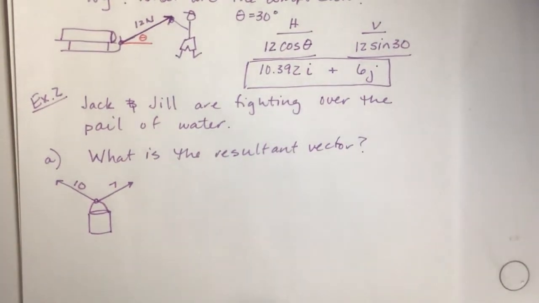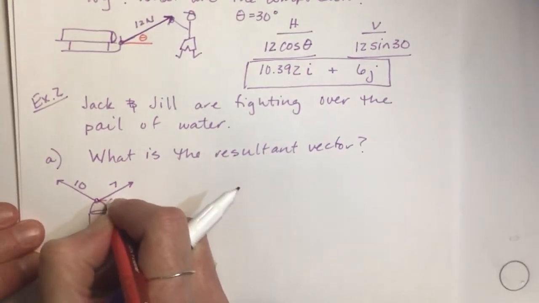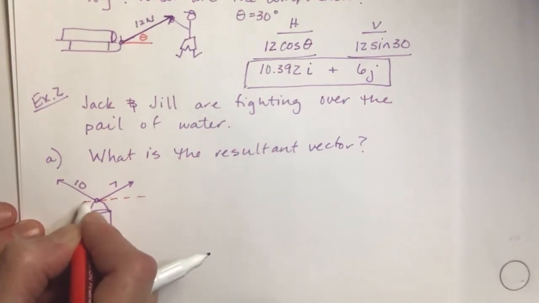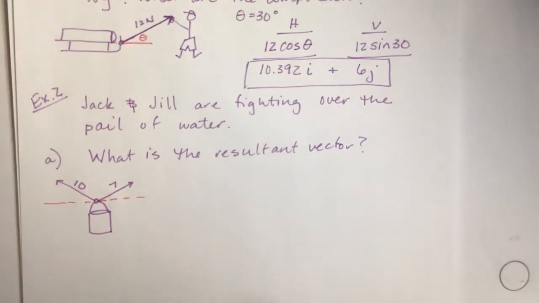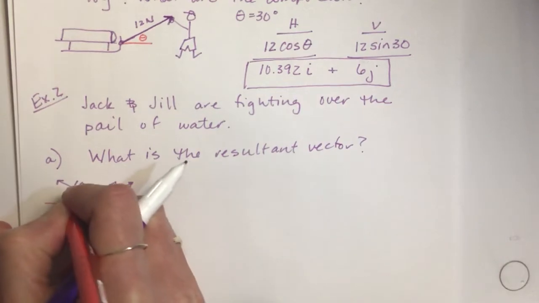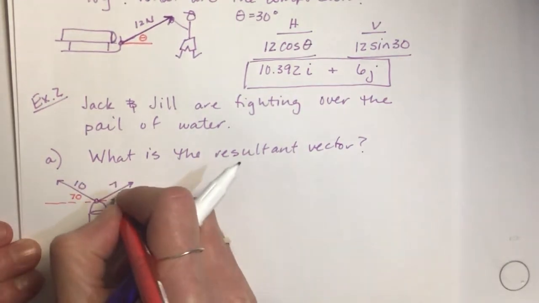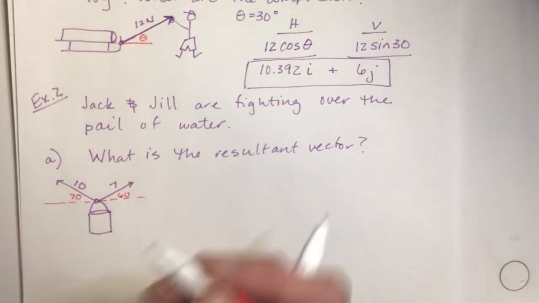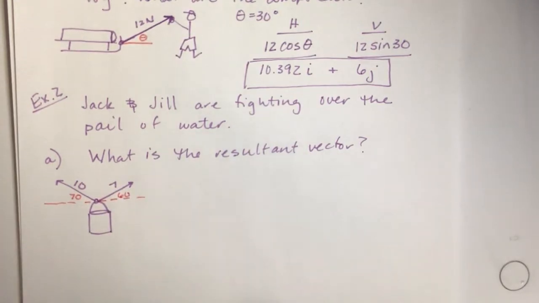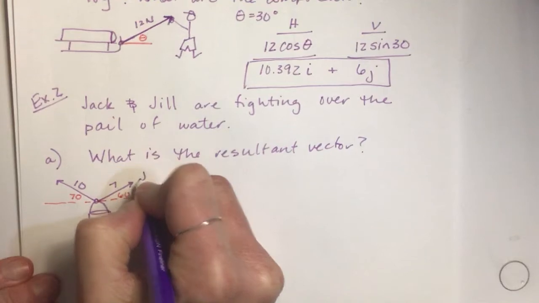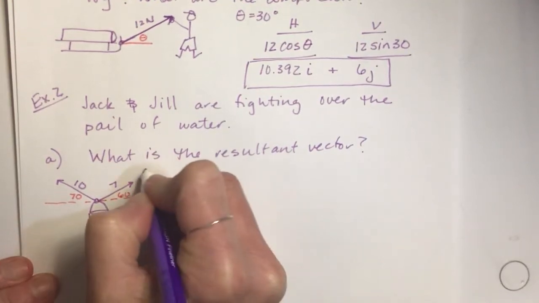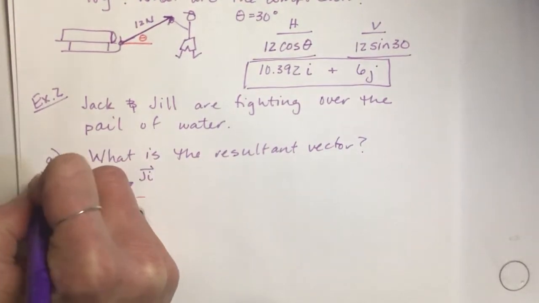They also need to tell us what angles these forces are at. So here's the horizontal there, and this angle is 70 degrees. I didn't draw it very well. And this angle, say, is 60 degrees. This is Jill, I'll put that J I, and this is Jack, J A.